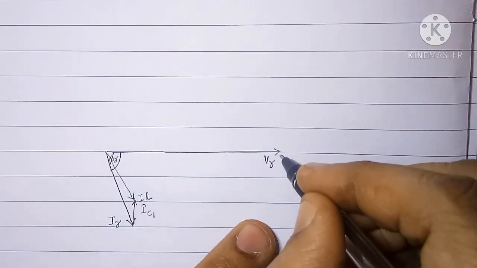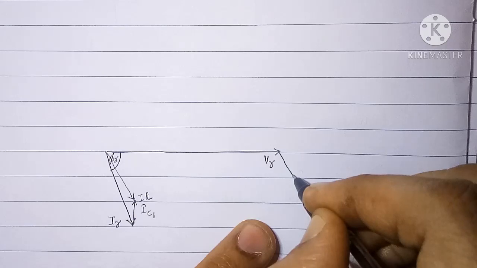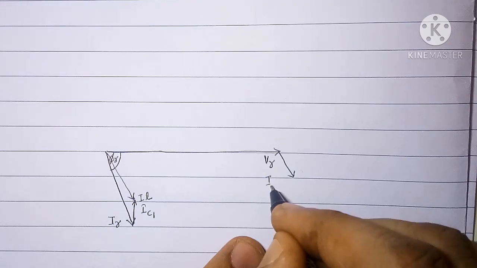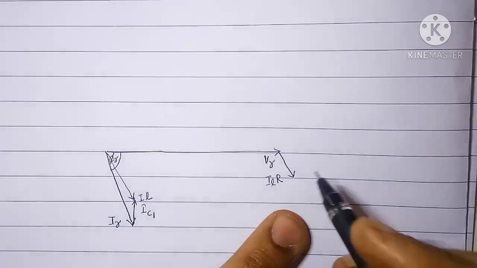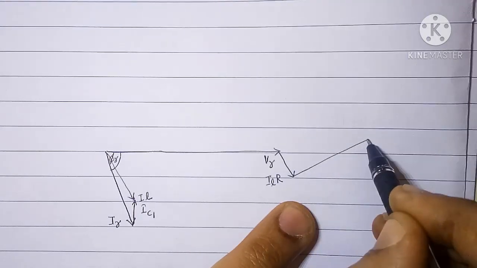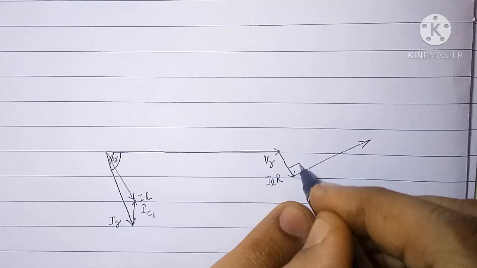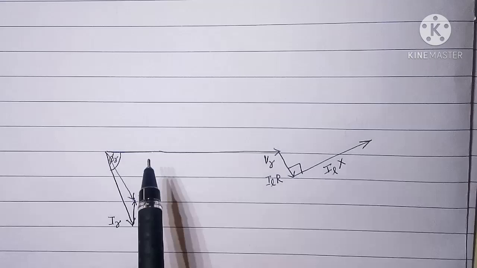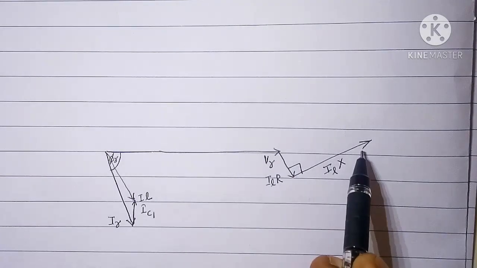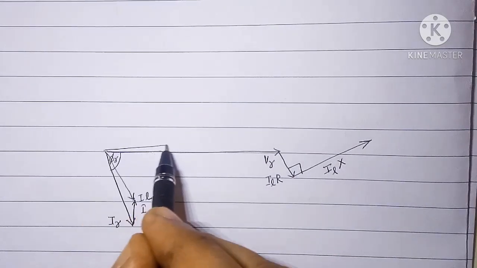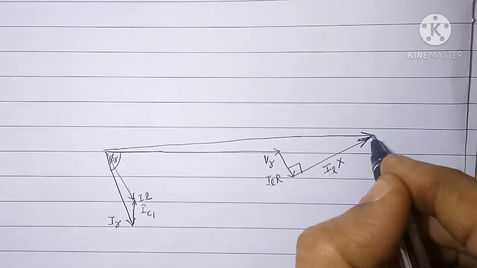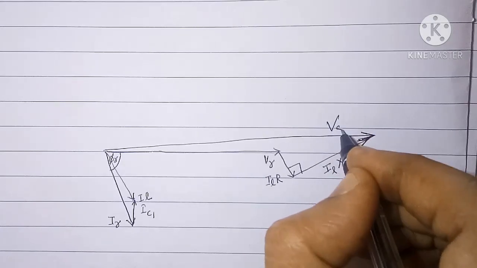IL is here, parallel to that we will show here IL into R. At 90 degree to this, we will show IL into X. If we add VR, IL into R and IL into X, what we are going to get? We are going to get Vs.